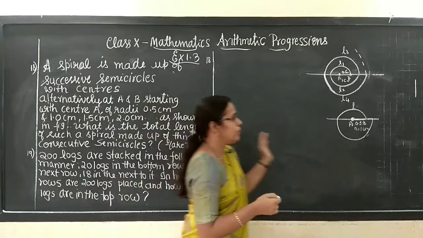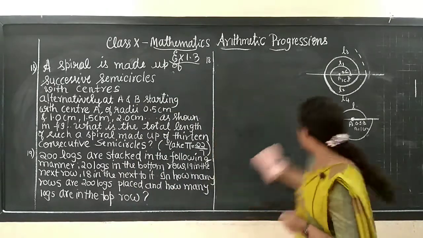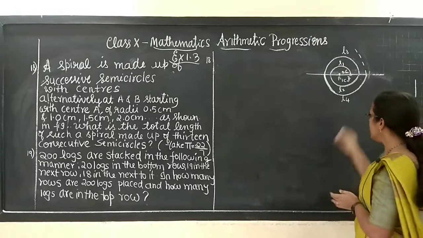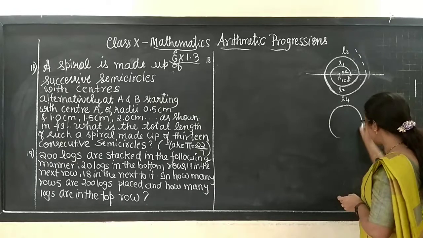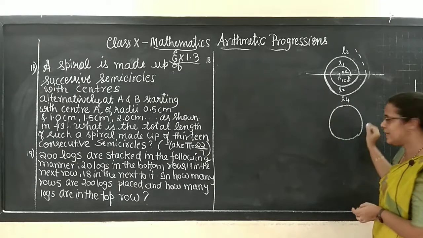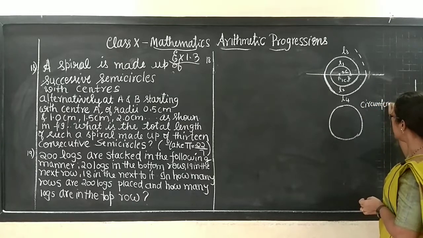First, semicircle. Before learning semicircle, you should know about circles. What is a circle? If there is a circle like this, then this is the full length of the circle. What do we call this length of the circle? It is called circumference, right? This is called the circumference of the circle.